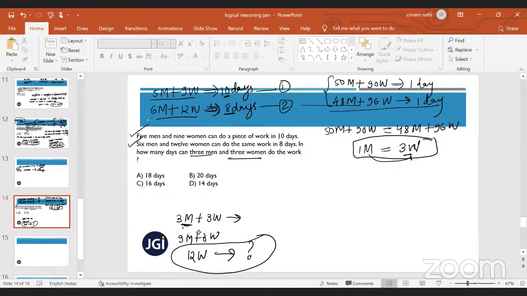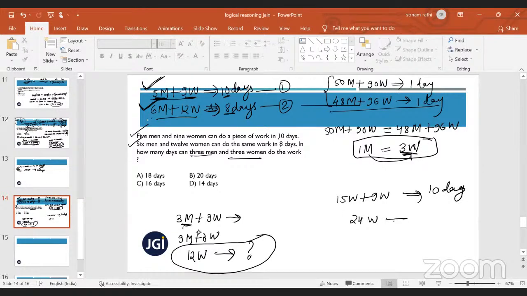Now I will use the first statement or the second statement, any statement you can use. So I will use the first statement. 5 men means how many women? 15 women. 15 women plus 9 women is 10 days. 15 plus 9, 24 women.